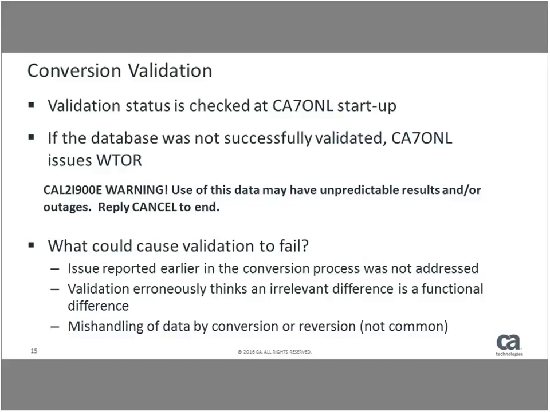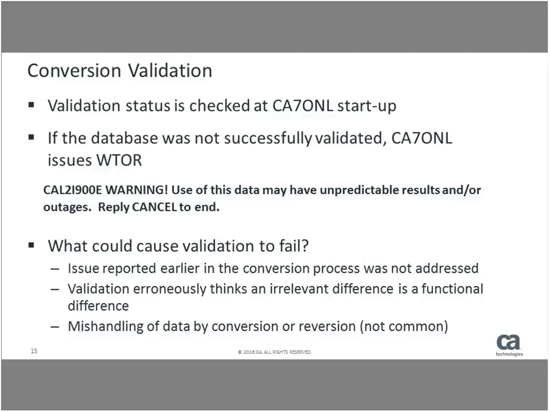What could cause validation to fail? If you had some issues earlier in the conversion process that were not addressed, it's definitely going to fail. Once again, if it thinks there's a relevant difference, if it thinks that it might be a functional difference, that's where we're going to have to look at the messages that come out and make a determination as to whether or not it is a functional difference.